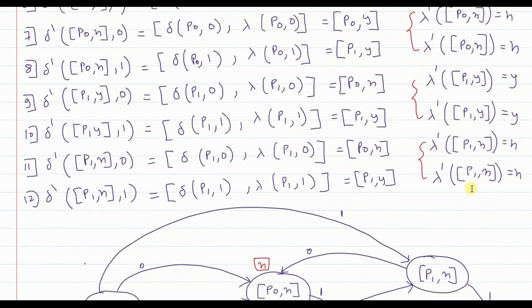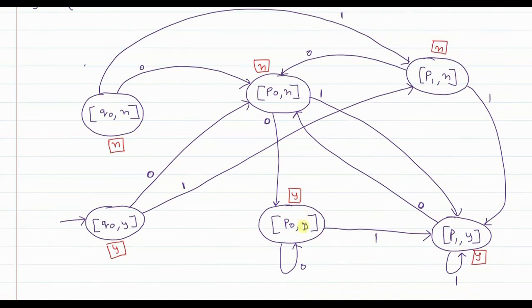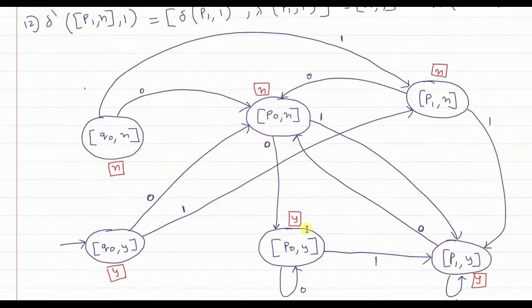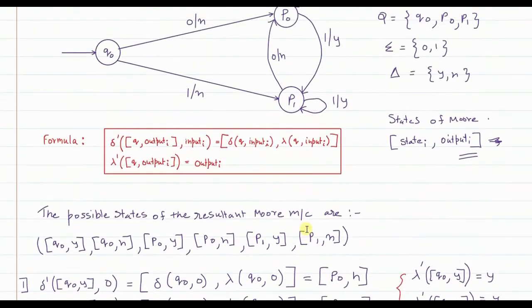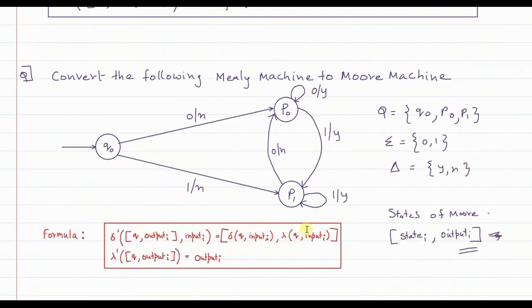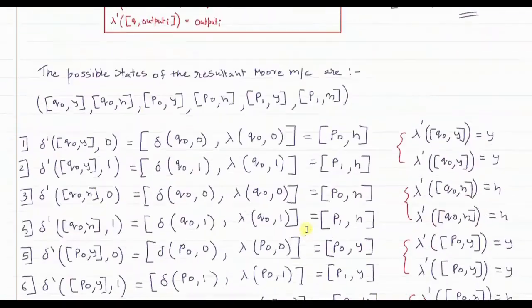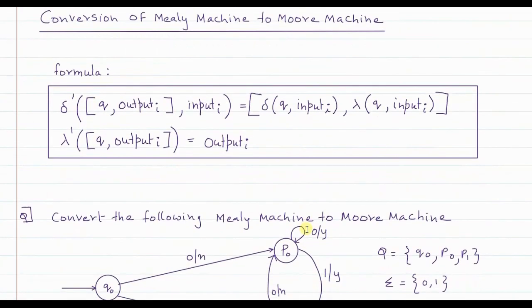Finally, the output associated with P1 N will be N. So what you have here is the resultant Moore machine. So friend, this is how you convert a given Mealy machine to a Moore machine.